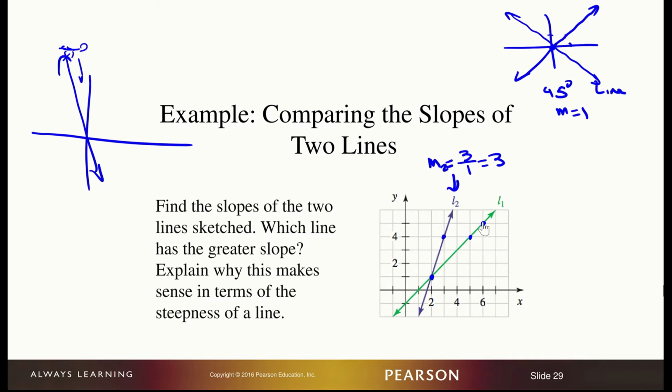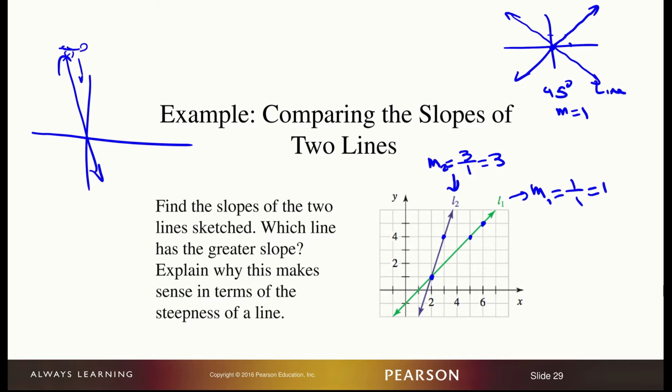So notice the slope of L1, which we'll just call M1, is 1 over 1, which is 1. So as we expected, the slope of L2 is larger than the slope of L1, and you can see that it is steeper.